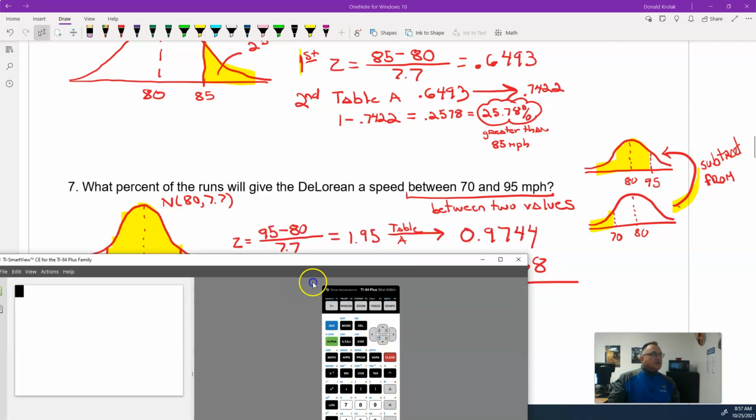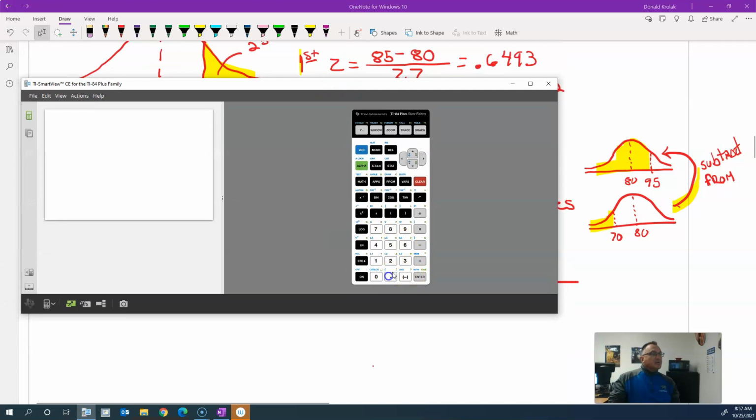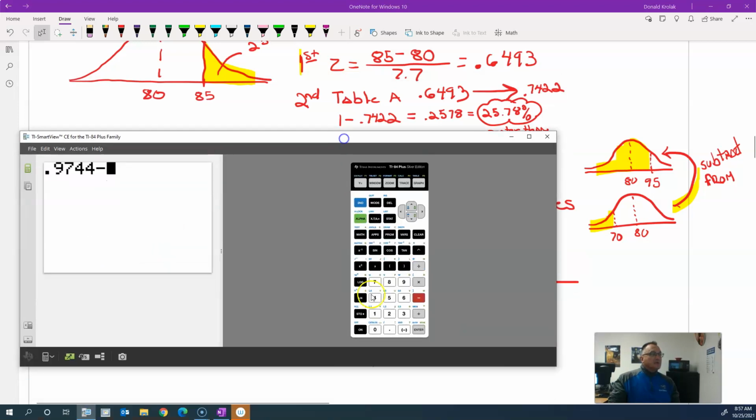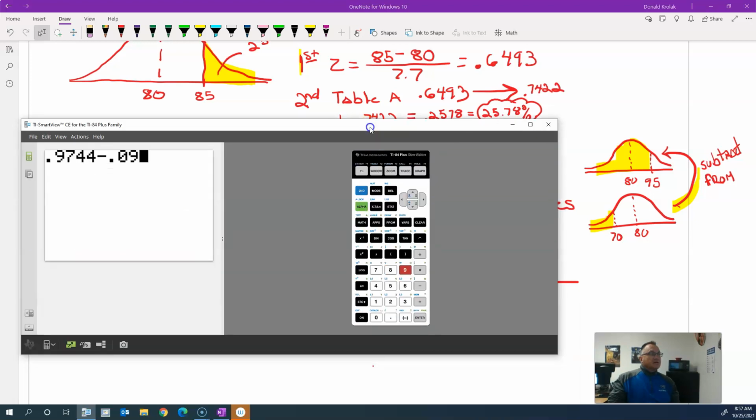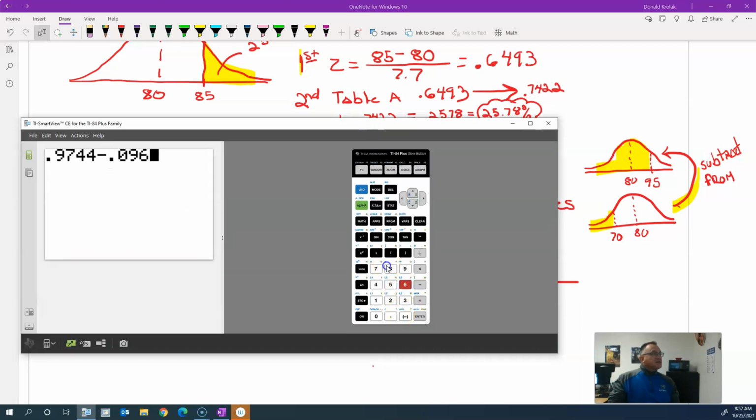So let's see, 0.9744 minus 0.0968. And there's your percentage.